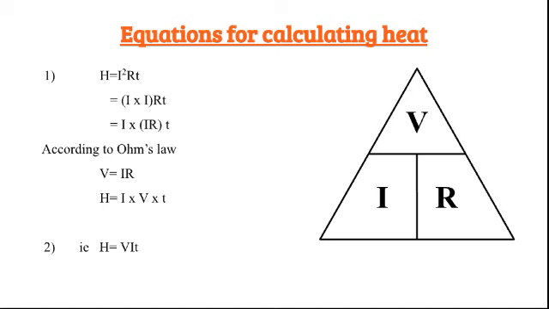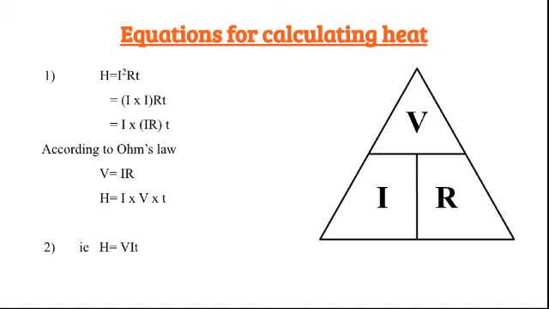Now, equations for calculating heat. We know H equal to I square RT. Here I square can be split into I into I, so that we get H equal to I into I into RT.